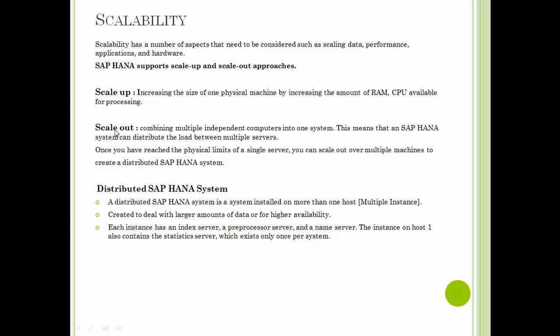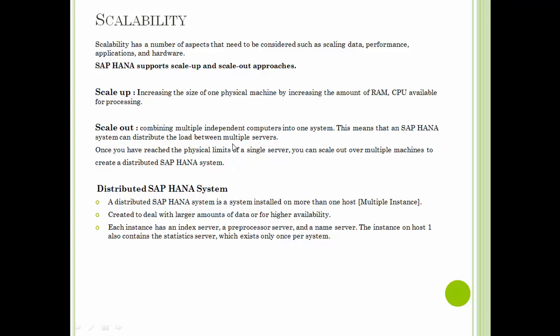Now moving on to scale out. Scale out is achieved by combining multiple independent computers into one system. So this means it's an SAP system with multiple servers over which it can distribute the load.